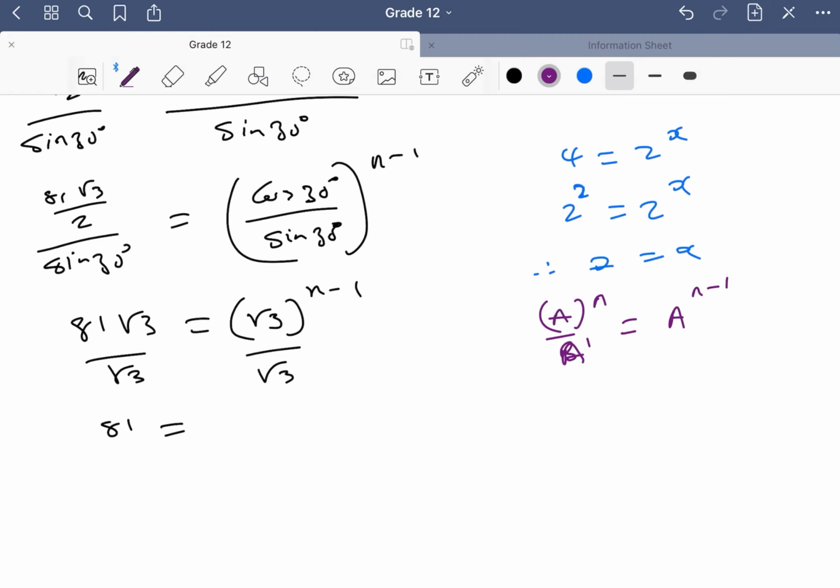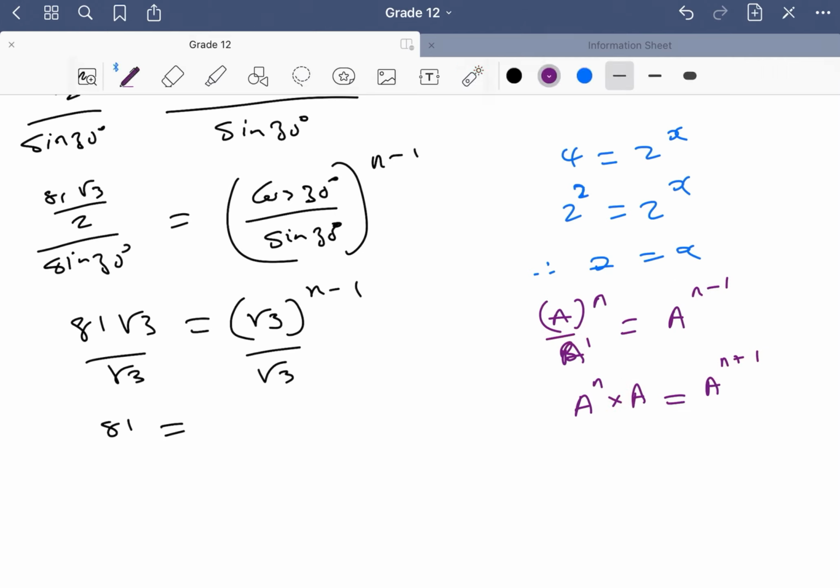So if you divide these two same numbers, then you subtract the exponents. But if it was a power n times a, this would be a power n plus 1. So if it's a multiplication, then you add exponents. If it's a division, then you subtract the exponents.